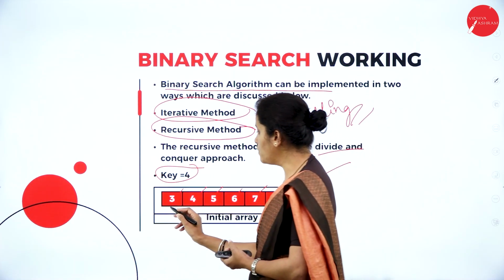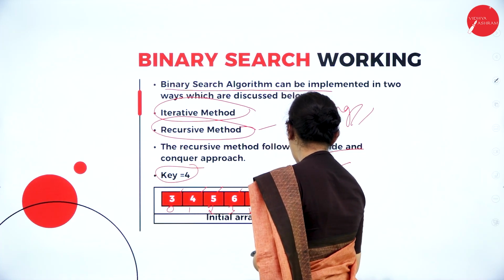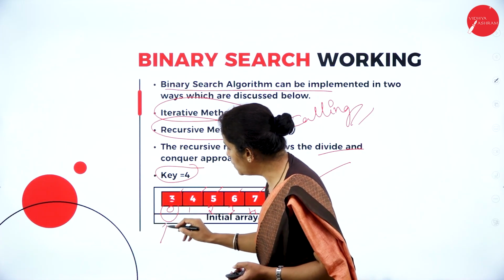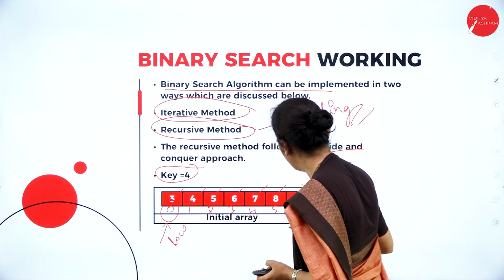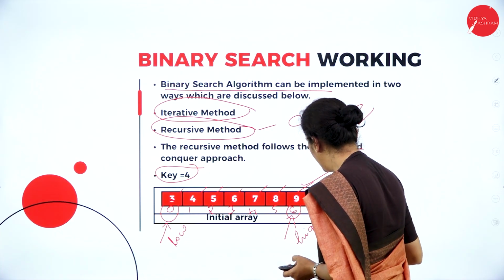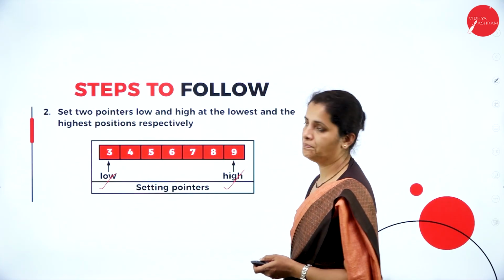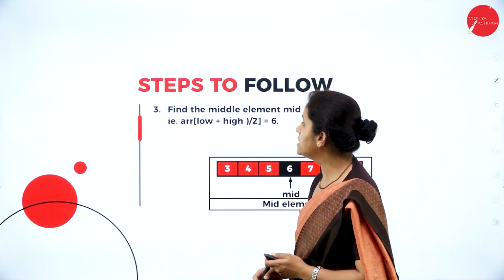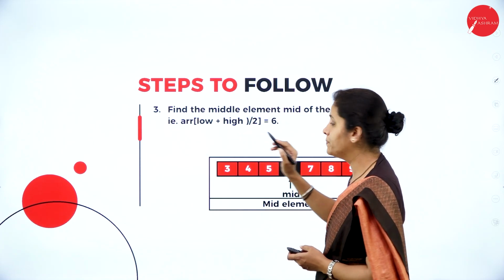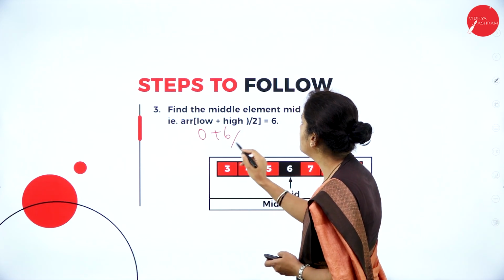So the index starts from 0, 1, 2, 3, 4, 5 and 6. Dear student, 0 is the low and 6 is the high. See here, I have low and I have high. This is my second step. In my third step, I add low and high, that is low plus high, 0 plus 6, divided by 2.